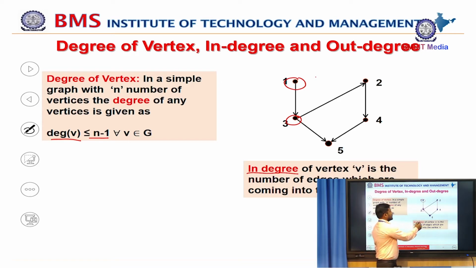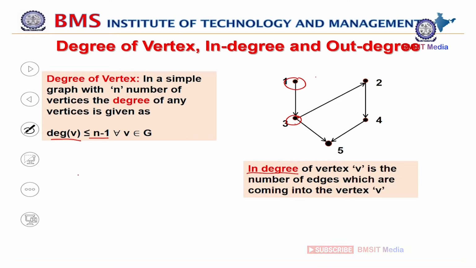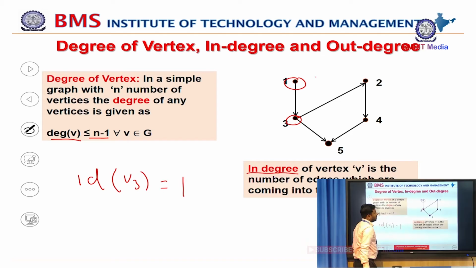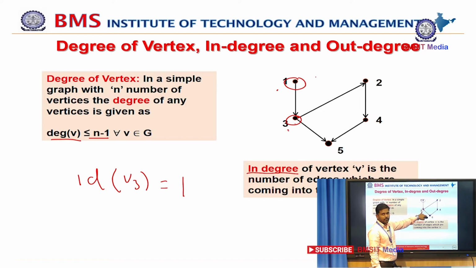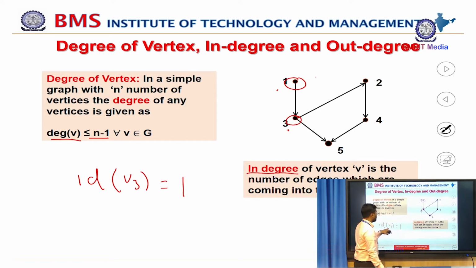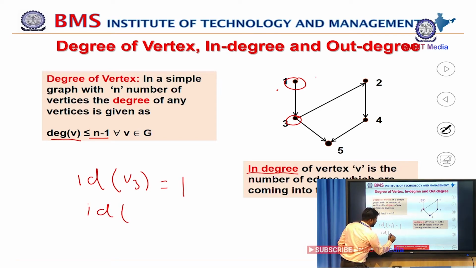Say in this example, the in degree of vertex 3, represented as in degree of V3, is 1, because we have only one edge coming into vertex 3. Similarly, what is the in degree of V5?